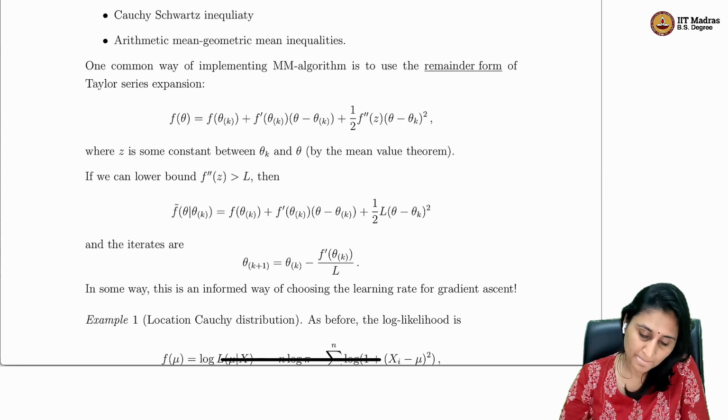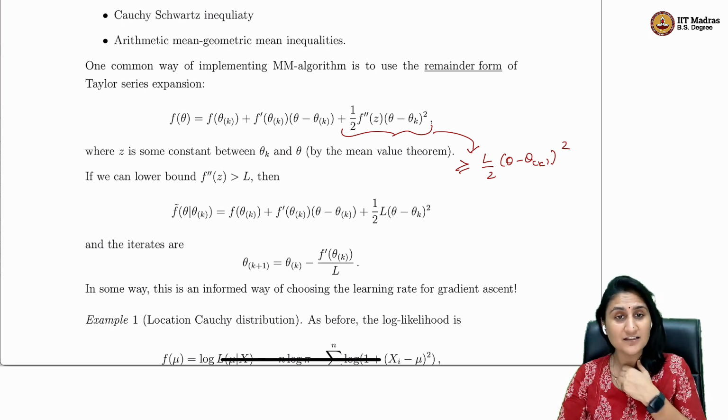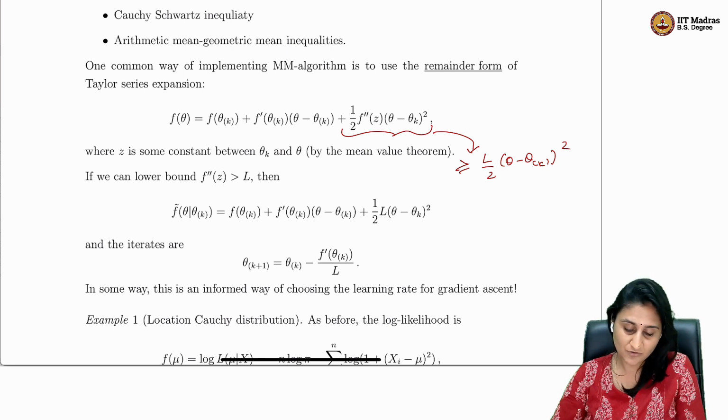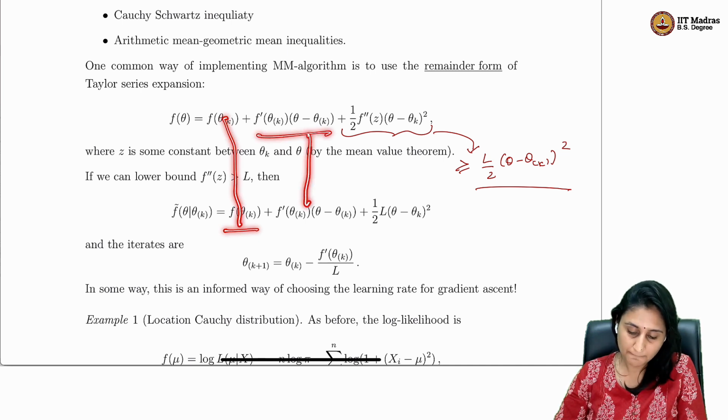So this term over here is greater than or equal to L by 2 times theta minus theta k squared. Okay? So I can then construct f tilde theta given theta k based on this term over here rather than this term over here. So I construct f tilde theta given theta k to be equal to f of theta k, which is this exact term, plus this exact term, plus this term, because that's what is going to give me the inequality.